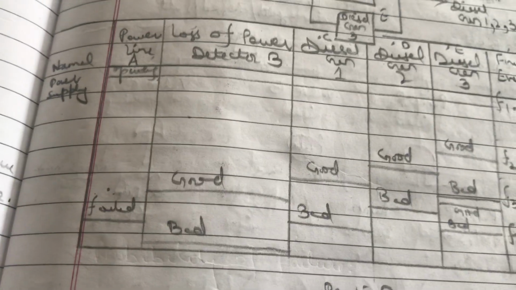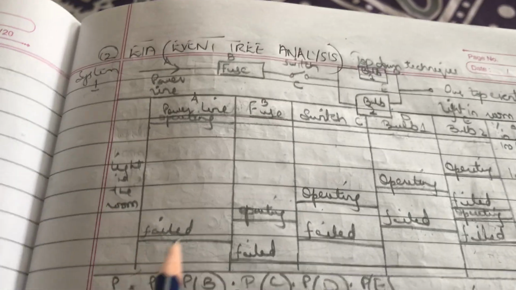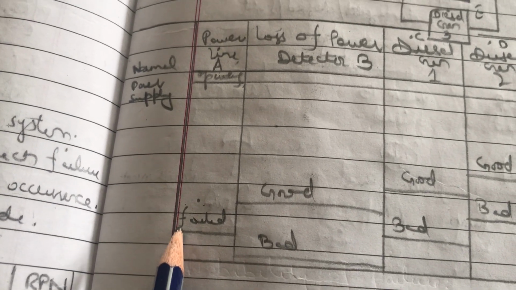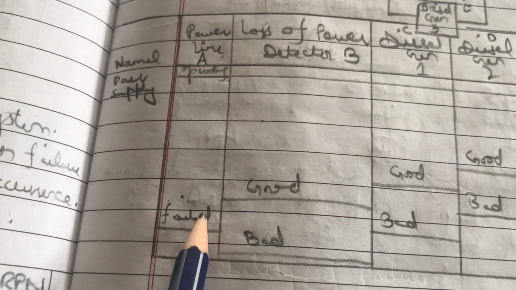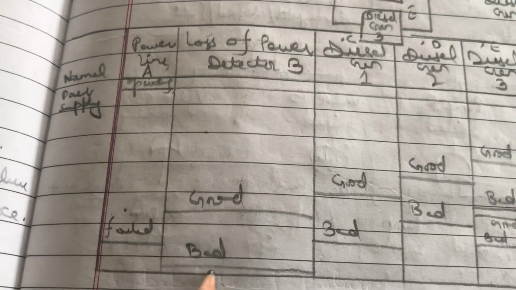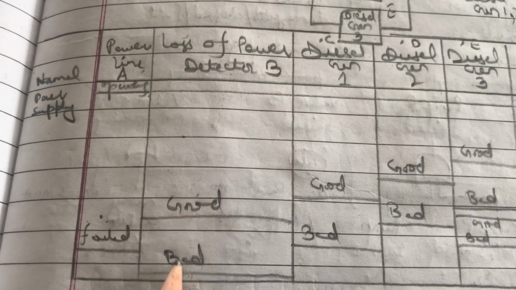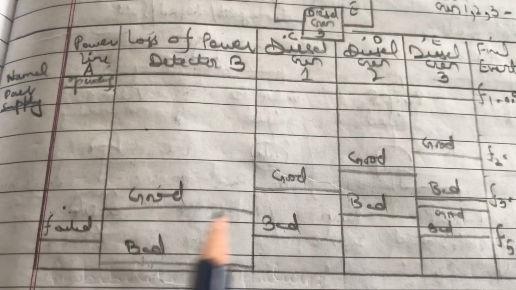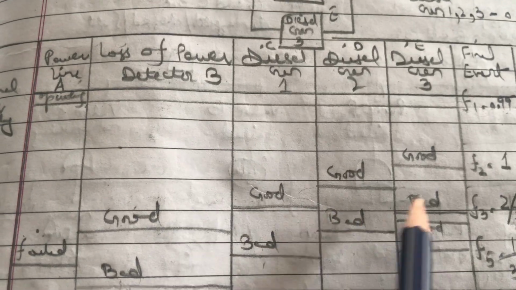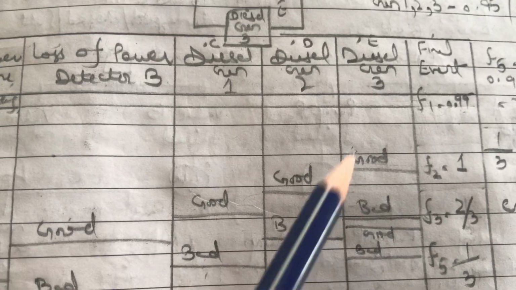Now again the method of drawing the table is the same as before. We took operating and failed, and again good and bad. I have written good bad, but it's just operating or failed, you can say it either way. So from here it comes good, bad, or operating and failed, and again from here, good bad, operating failed.